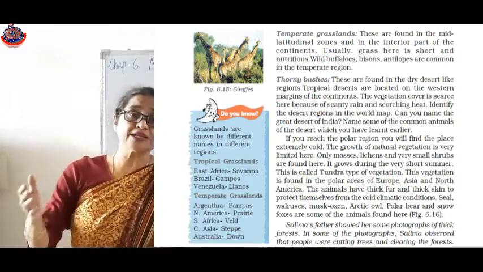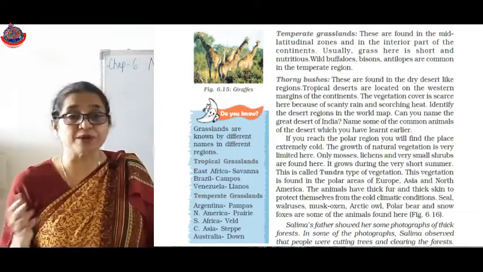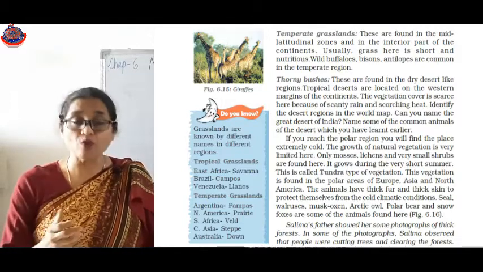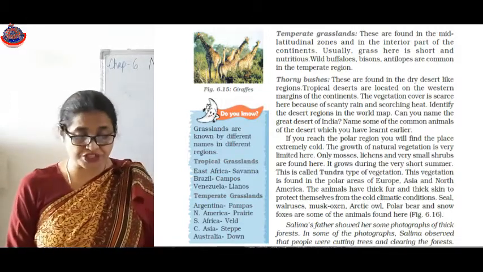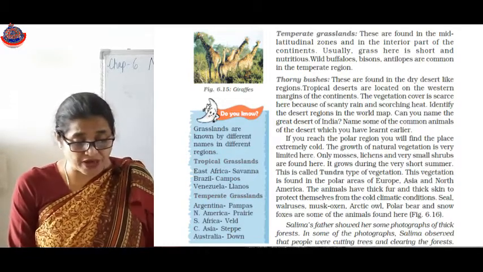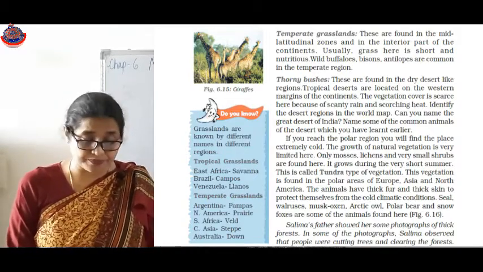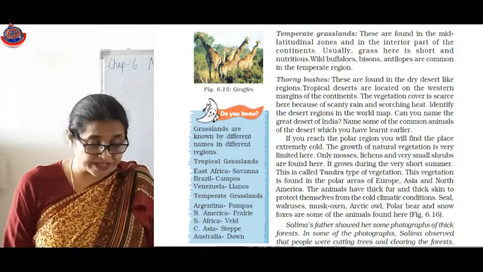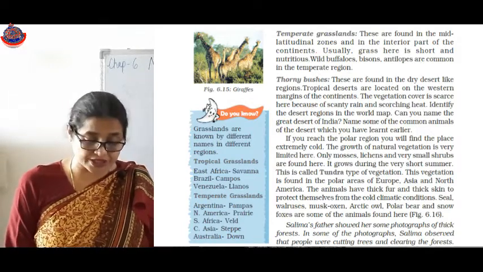Now you remember I had talked about the shrubs, or you may say the thorny bushes. Now we are going to take up those which are found in the desert region. The tropical deserts are located on the western margins of the continents.